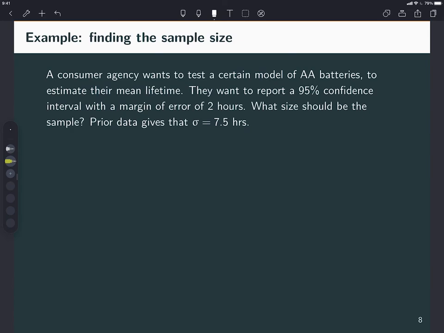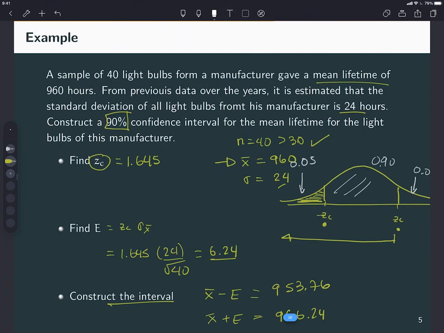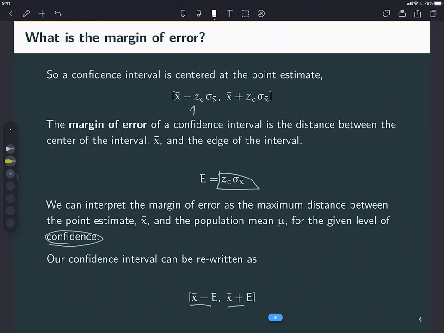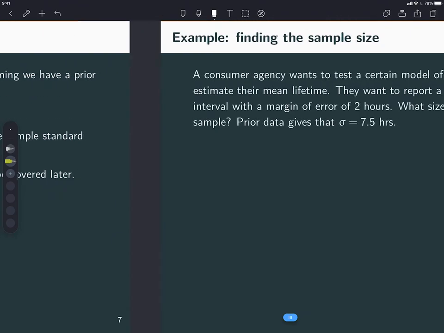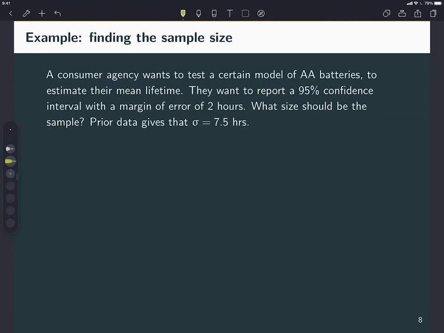So this is a problem where it's a little bit backwards. I'm going to grab this information here. So what we know is that the margin of error is the z-score that I'm going to find in a minute times the population standard deviation divided by the root of the sample size. Right? In this example, what I don't know is the sample size.